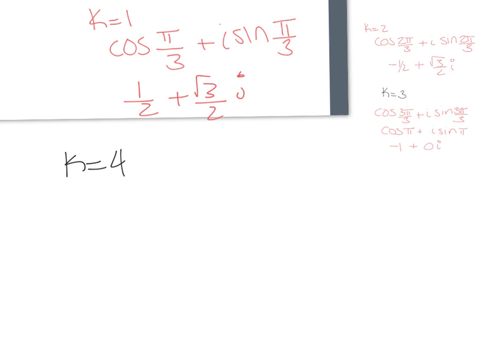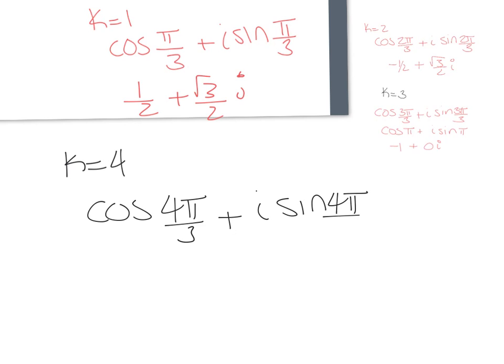Okay, so now we're going to find k equals 4. So cosine of 4 pi over 3 plus i sine 4 pi over 3. Cosine at 4 pi over 3 is negative a half plus sine at 4 pi over 3 is radical 3 over 2i, and that's also negative.